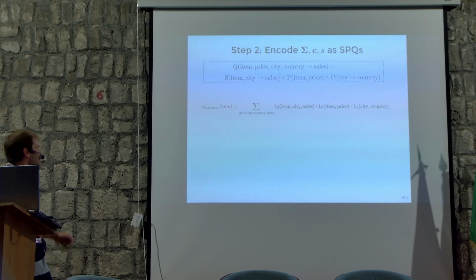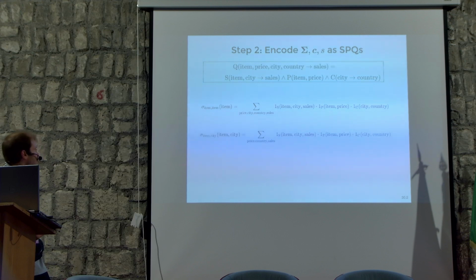It's two dimensions as a matrix, but only the diagonal entries of this matrix play a role, which is why we are just keeping one copy of item. So it's a vector, but it's an implicit representation of a matrix. And we are taking a summation over all other variables. This is the sum product query that will compute this part of the sigma matrix.